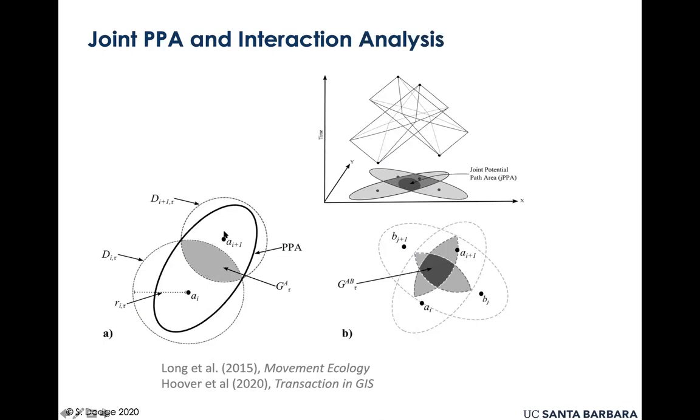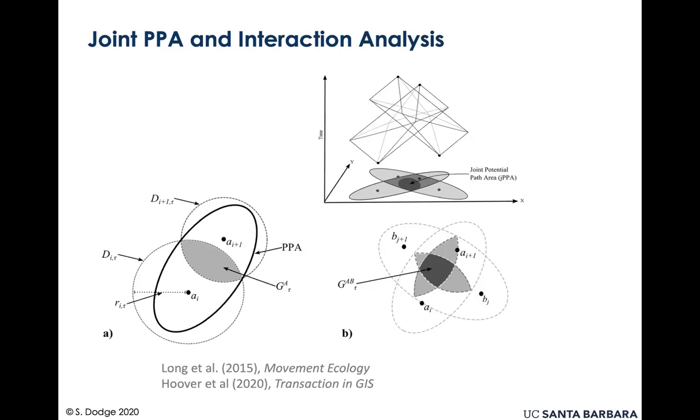So the idea is, if we intersect this for one entity with the other entity, this area would be the potential area for an interaction. And then Jet showed that you can use that to measure either spatial interaction between animals or dynamic interaction if you intersect this potential area over time between the two entities.